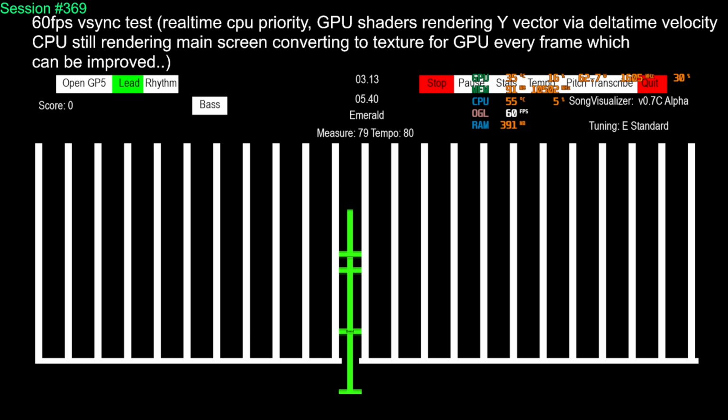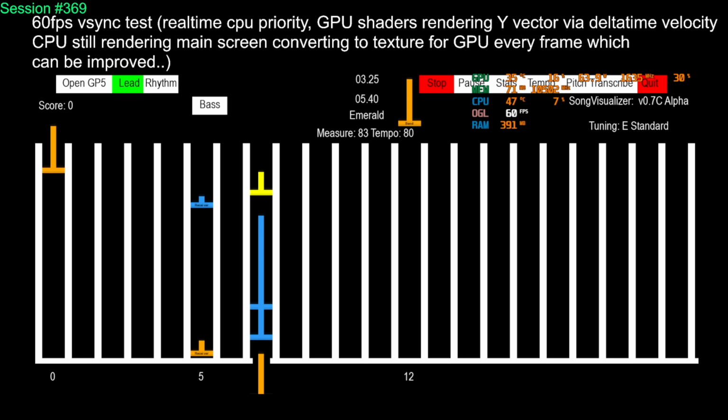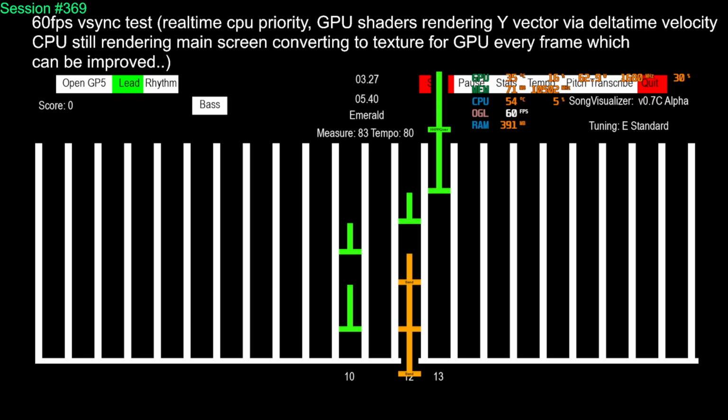Previously in the CPU version for the notes, I would update the previous frame where I previously drew, and I would have to manually define, okay, I drew on this section, I'm going to erase it. Now I'm doing something differently. In this version, I'm just erasing the whole screen on every frame and redrawing everything.